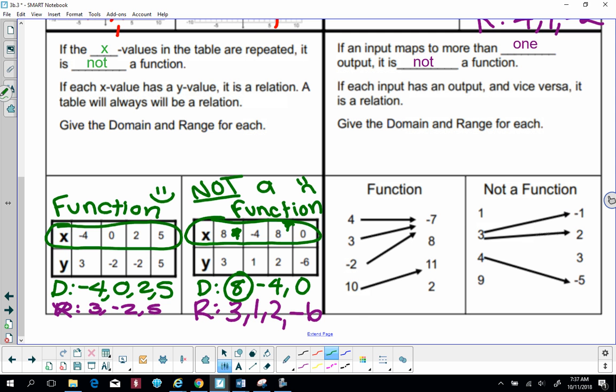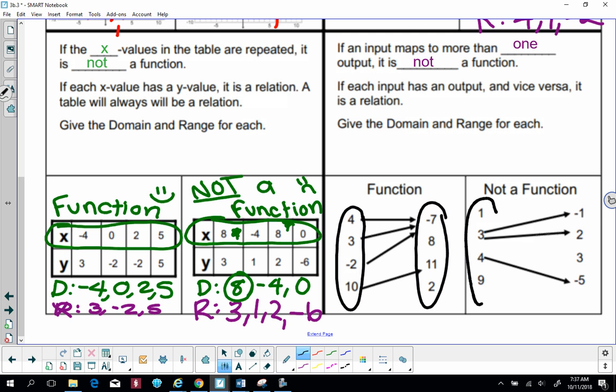Last one is just mapping. It's basically the same thing again. Looks like this. And so you can see, if you want to write them as points, you may want to.